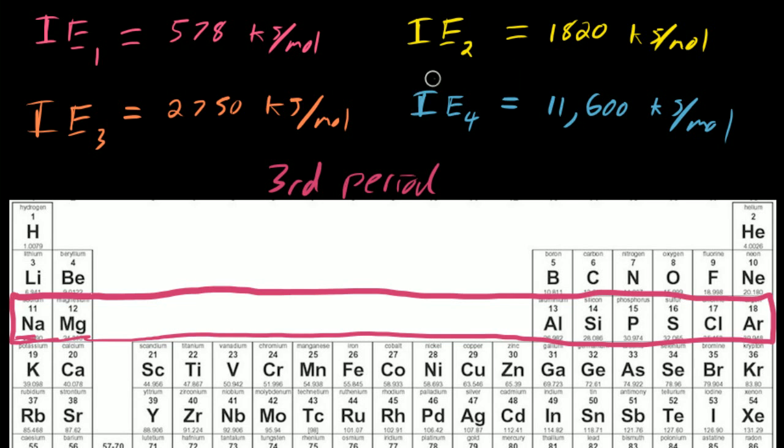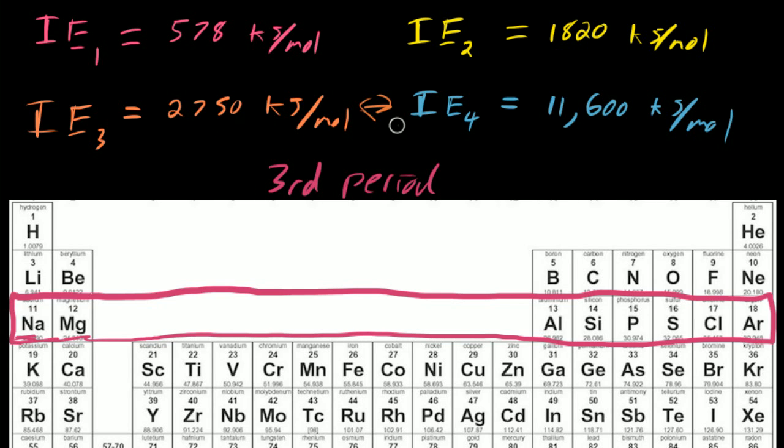Hopefully you can see, I should talk about what exactly it is that we're looking for. What we're really concerned with is this big jump between ionization energy 3 and ionization energy 4, because all of the other ones are not as big a jump as we have here.